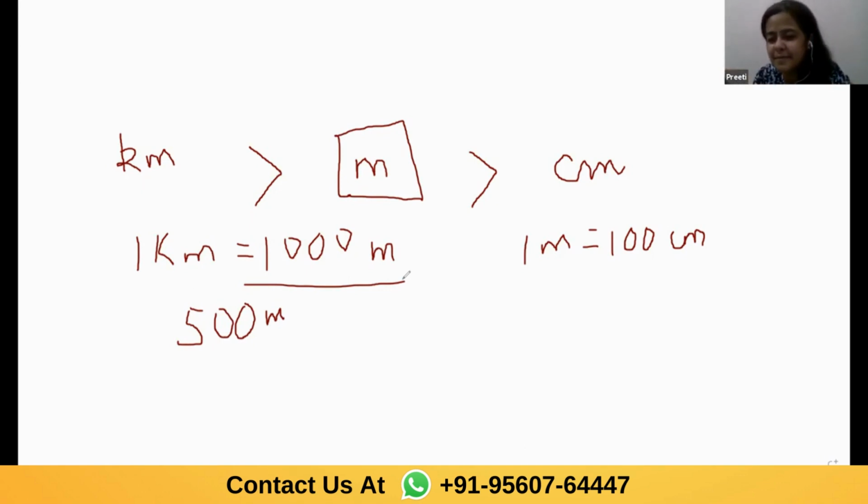Yes, Revanta. Ma'am, you said that in weight there are kilogram, gram. I'm coming to that, Revanta. Have patience. Is this length thing clear to everyone? Have you noted down that 1 kilometer is equal to 1000 meters, whereas 1 meter is equal to 100 centimeters?